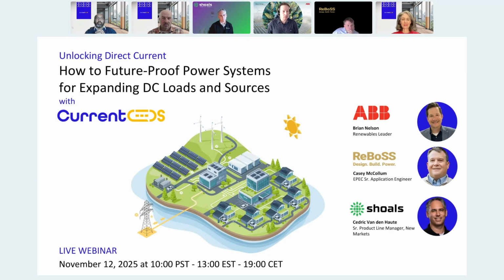We kind of need to all be going in the right direction, because we are at the precipice of a tremendous gap in generation growth and load growth. And the use of DC and DC systems is this incredible lever that needs to be pulled, I think, as a means of tying everything together to make sure that we can keep up with this technology shift and change.